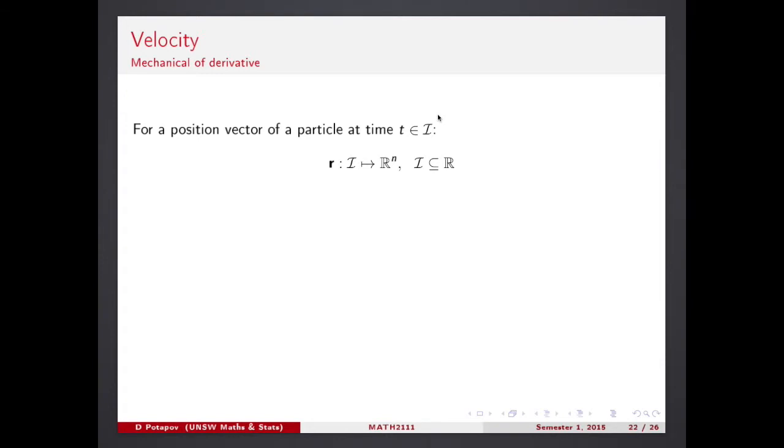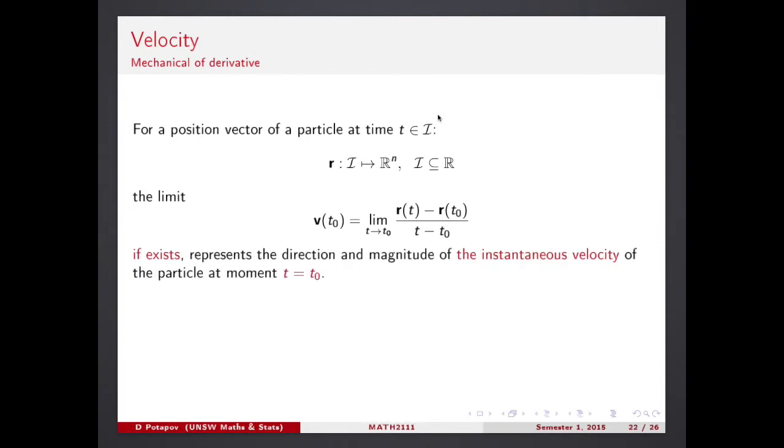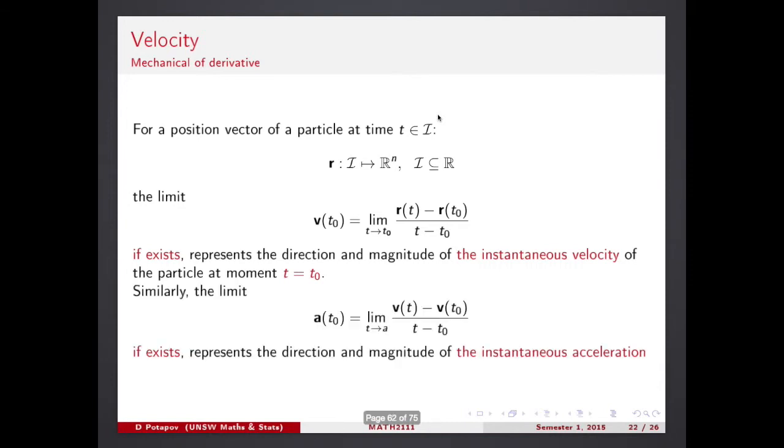Mechanically, if you treat your vector function as the position function of a particle which moves, normally people use the letter r for the name of the function rather than f, it's just a convention. Then the derivative given by the limit, if it exists, gives you the direction and magnitude of the instantaneous velocity at that point. If you differentiate the velocity function, that will be the instantaneous acceleration of that particle at that point.